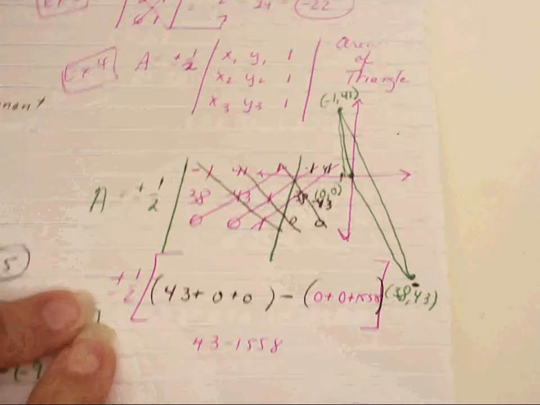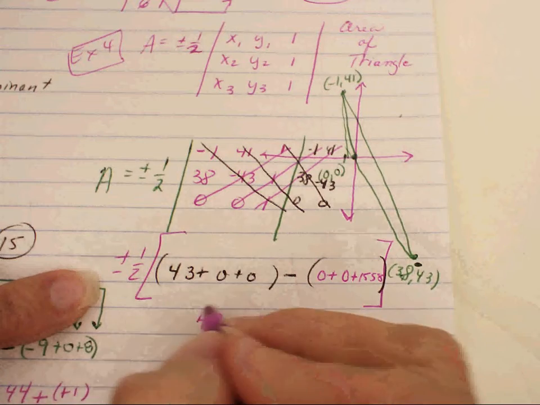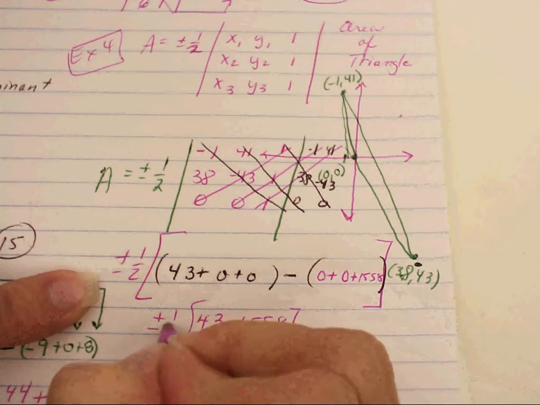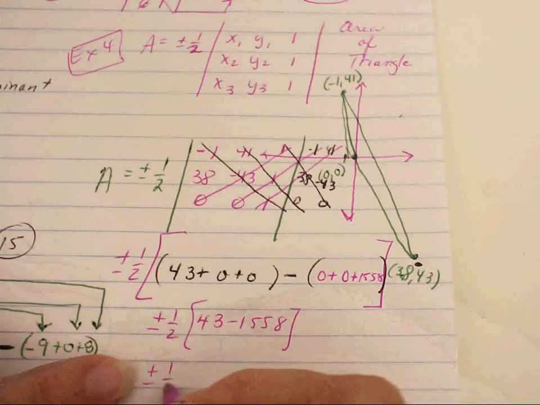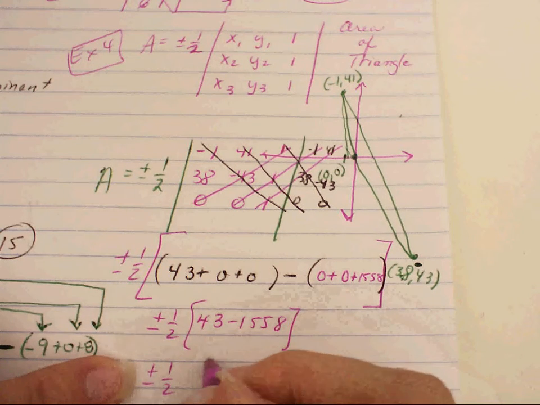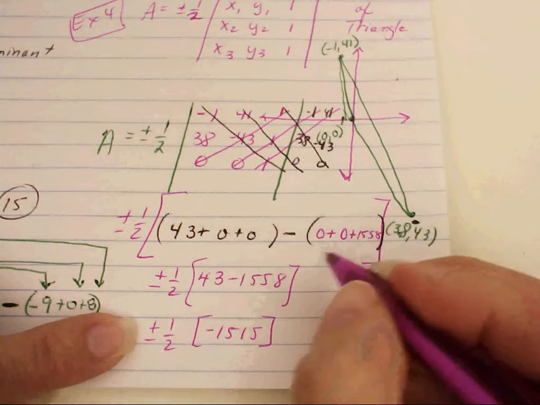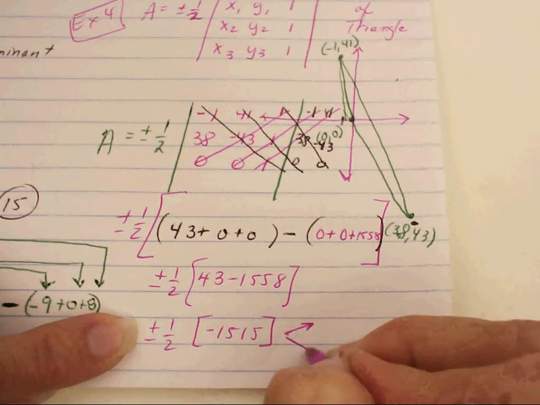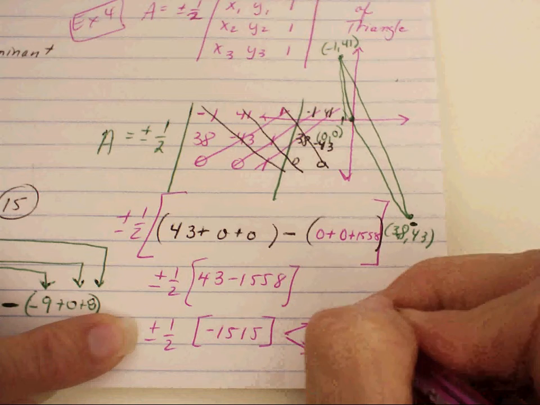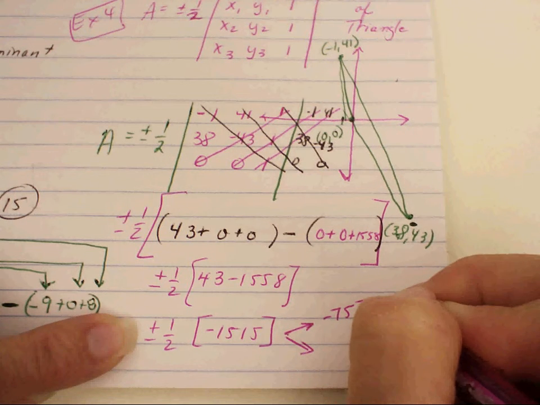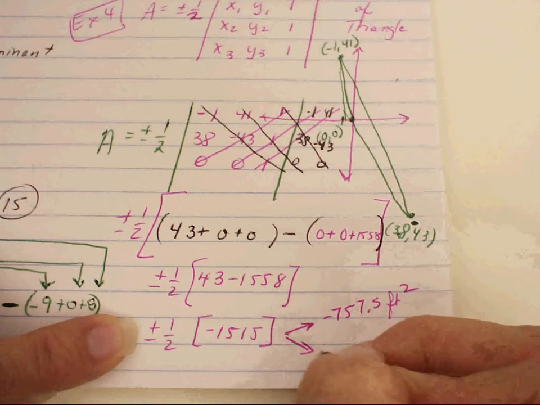Okay, good. What's nice about the first two going up into the right diagonals? They're also 0, but now I have to do 1 times 38 times 41, which I got 1558. Did anybody else get that? Okay. So I have 43 minus 1558.